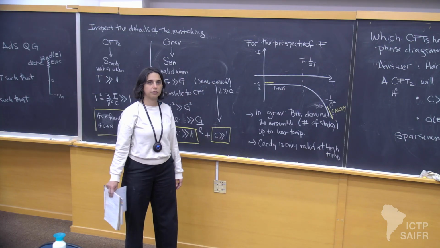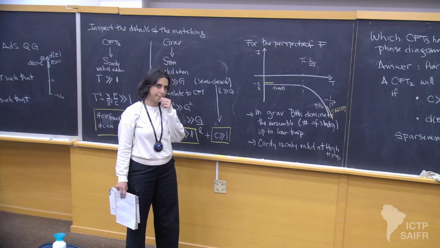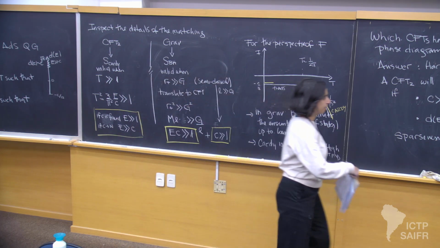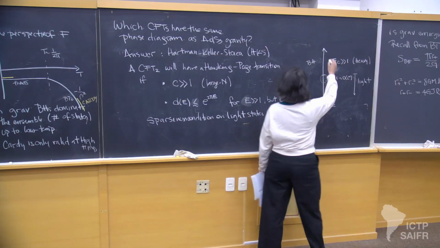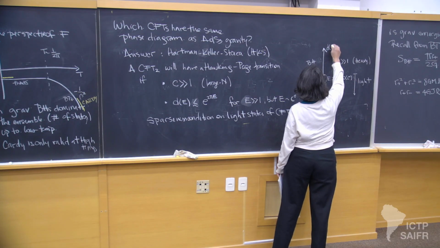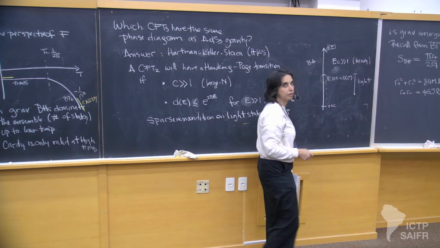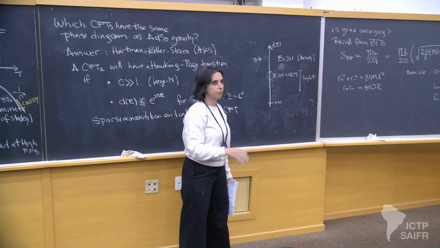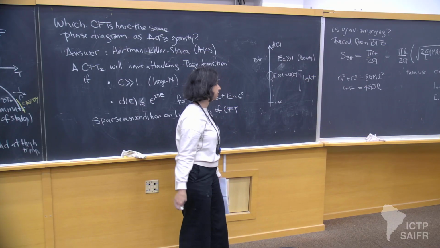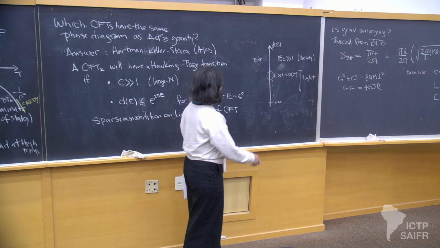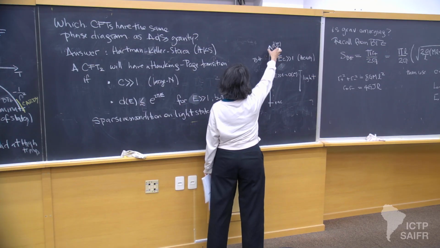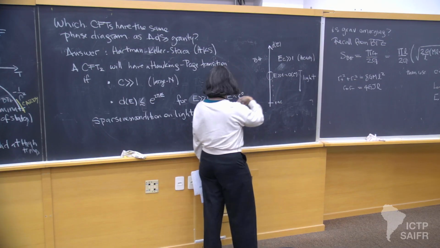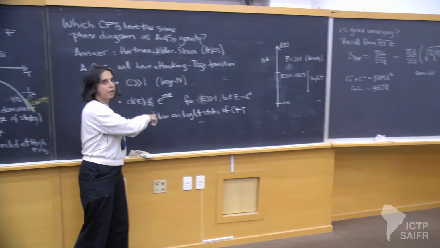Can you repeat what this line is doing? What is it representing? I'm basically trying to illustrate the type of states that I have in the theory. You have different types of states with different numbers of degeneracies. And I'm saying that if you want at high energies a density of states that looks like the black hole, then at low energies you cannot exceed this bound.